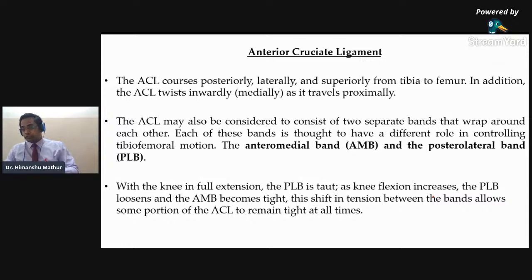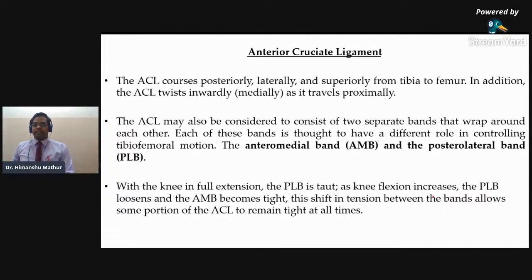Okay, be it any rotation, be it any sagittal plane motion, कोई भी motion हो रहा है या frontal plane motion हो रहा है, तो हर motion में at some point of time, there is some part of the ACL which is under tension. All right. So it says that the ACL may also be considered to consist of two separate bands that wrap around each other.